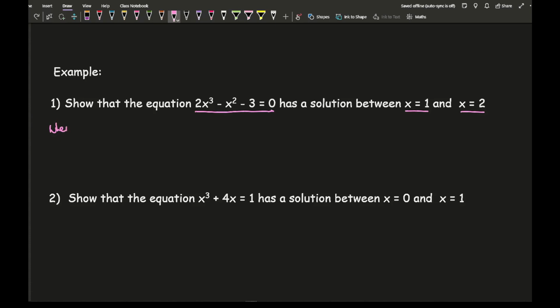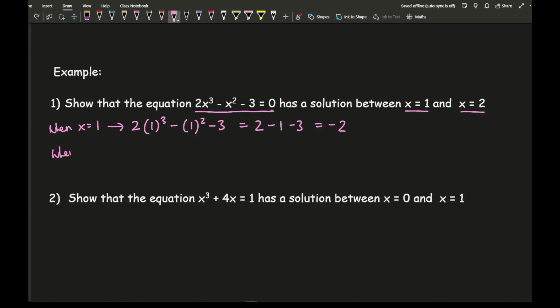So when x equals 1, substituting 1 in, we get 2 lots of 1 cubed minus 1 squared minus 3, and 1 cubed is 1 times 2 is 2, 1 squared is 1 and minus 3, so if I do 2 take away 1, which is 1, take away 3 is minus 2.